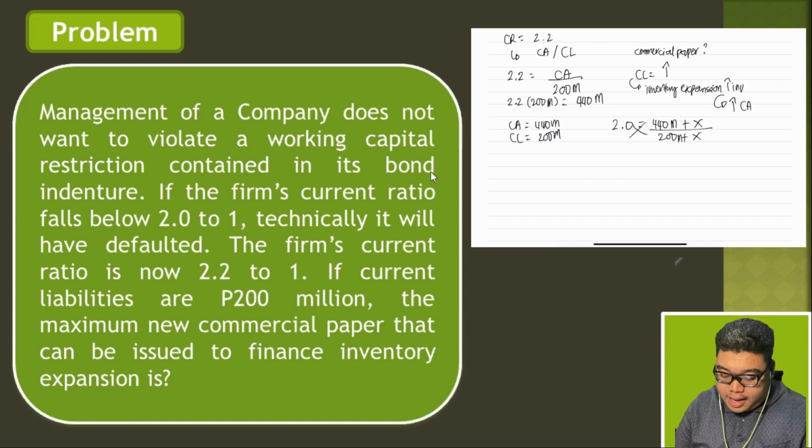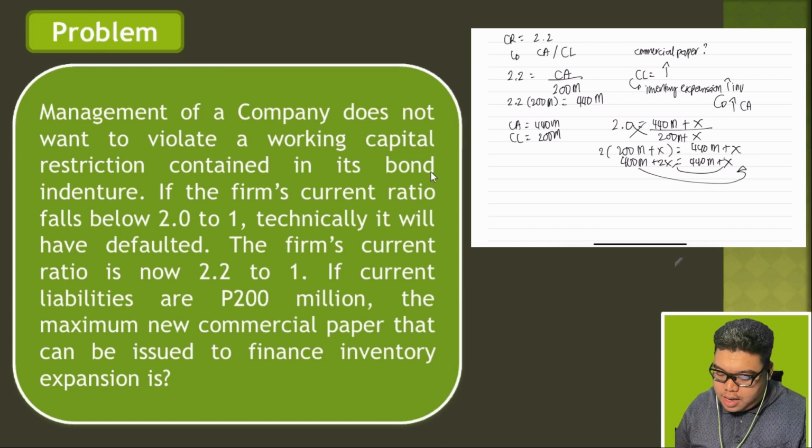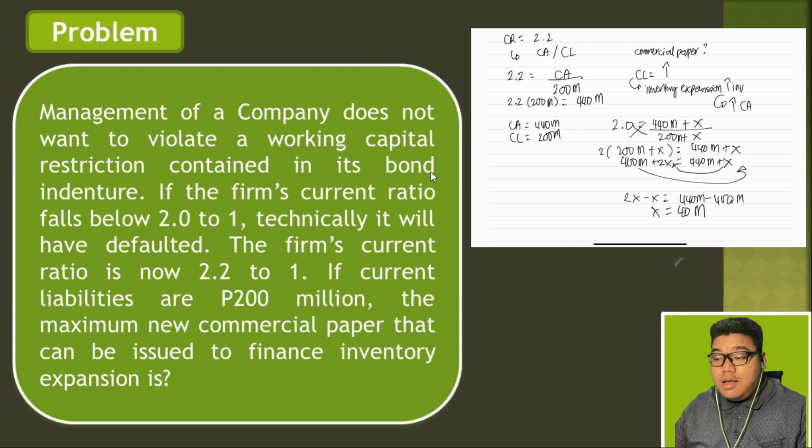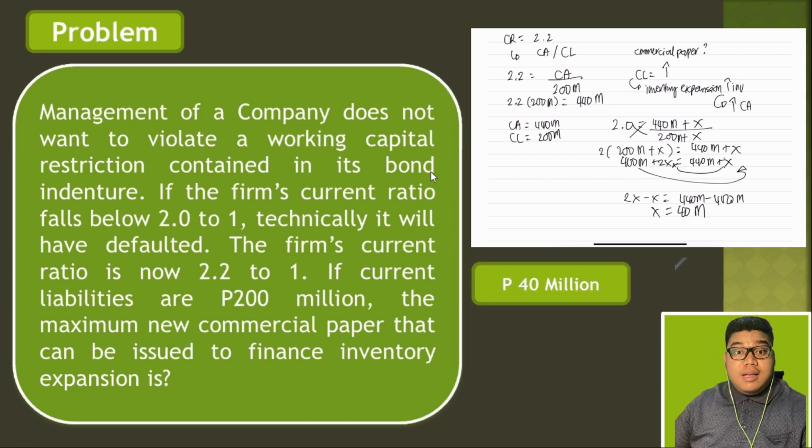Cross multiply. 2 multiplied by (200M plus X) is equal to 440M plus X. So we have 400M plus 2X is equal to 440M plus X. We transfer the amounts, and put X on the other side. 2X minus X is equal to 440M minus 400M. So X is equal to 40 million. That is the amount of new commercial paper that we can issue.